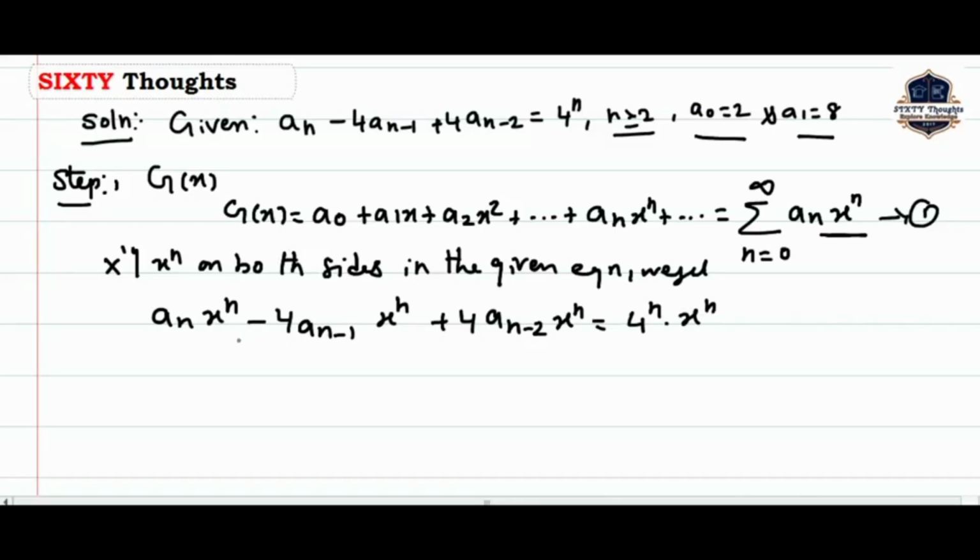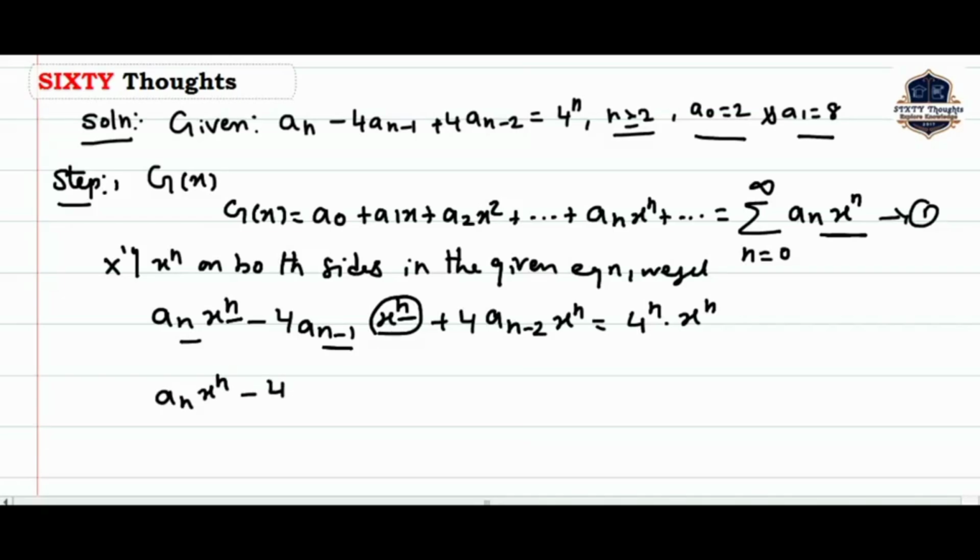Now we are going to arrange the terms. Here for a_n we get x^n, but for a_{n-1} we have x^n. I am going to write this term as a_n x^n - 4 a_{n-1} x^{n-1} x^2... rather, we arrange x^n as x^{n-1} into x.